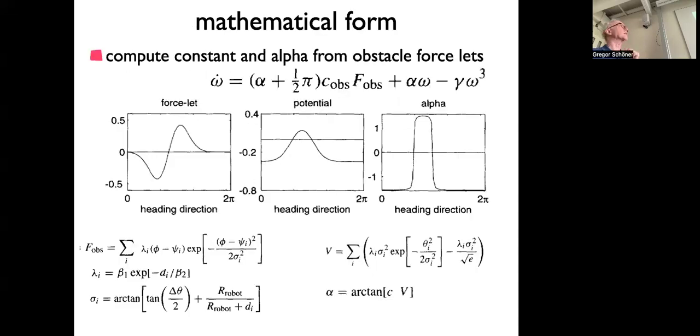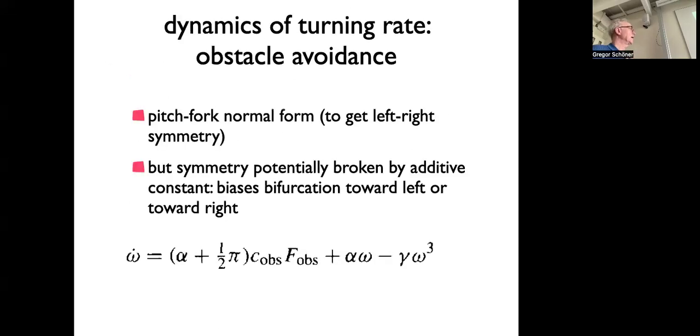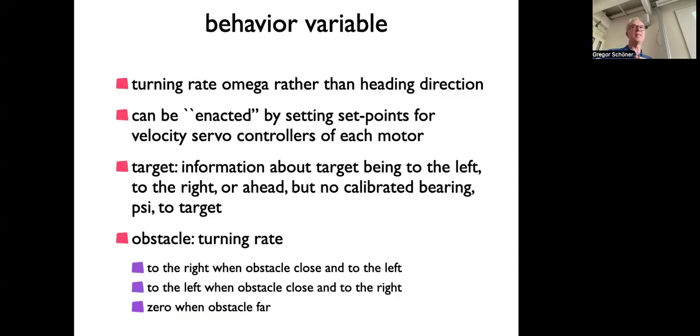Now, how can we do obstacle avoidance for that? And this is the idea. We'll have some kind of bifurcation logic. And the idea would be that for that turning rate, we can have a contribution for not turning at all, so 0 contribution to the turning rate, that is stabilized: going straight, 0 turning.